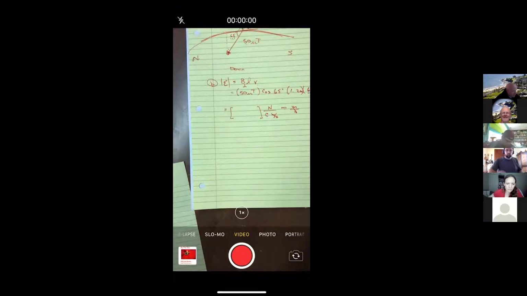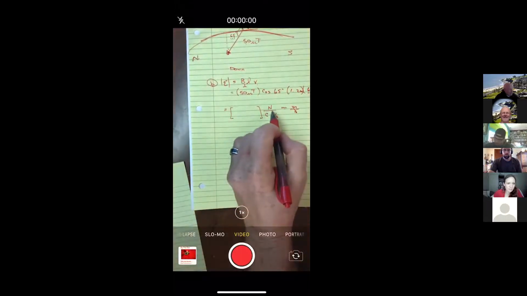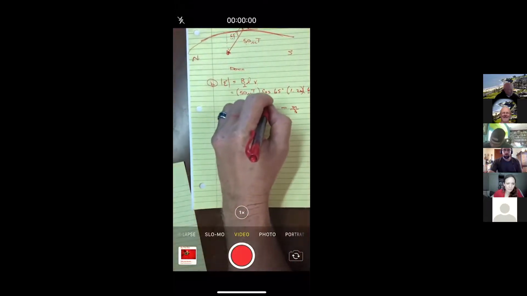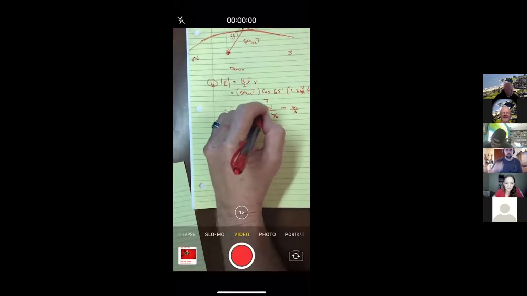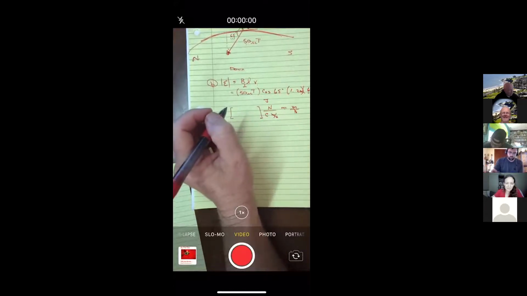Uh-oh, did I mess up here? Joule per coulomb.